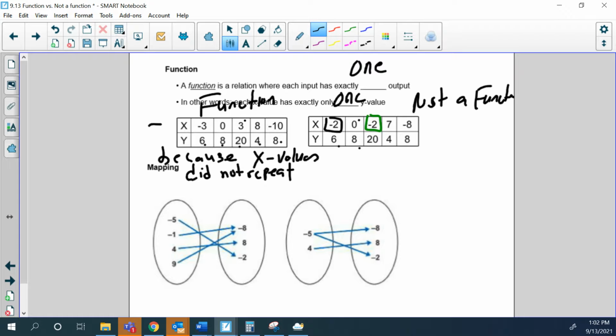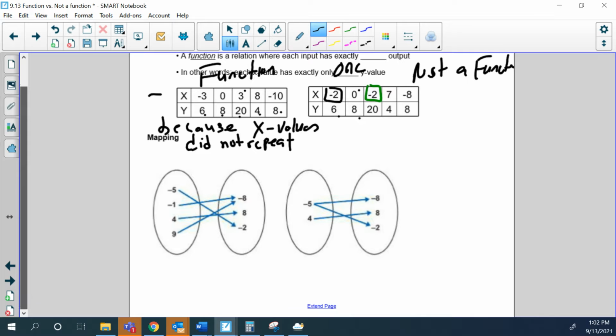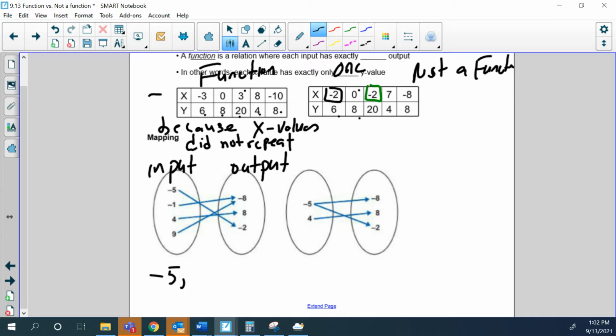Let's look at mapping, and the same steps apply to mapping. Let's look at the first mapping right here. We have an input and the output. For the -5, we have a -2. For -1, we have a -8.